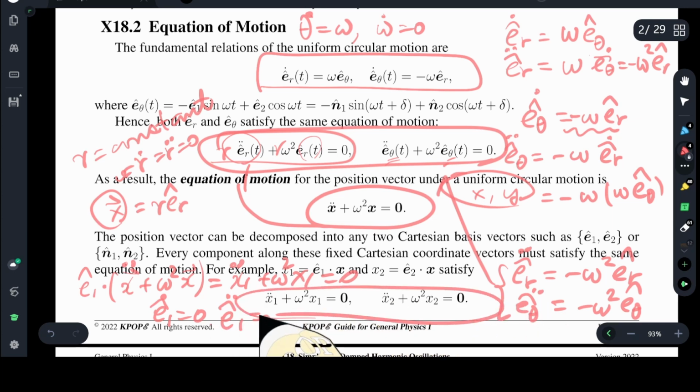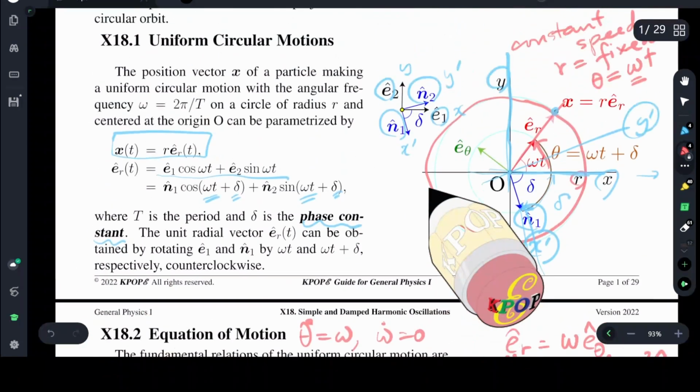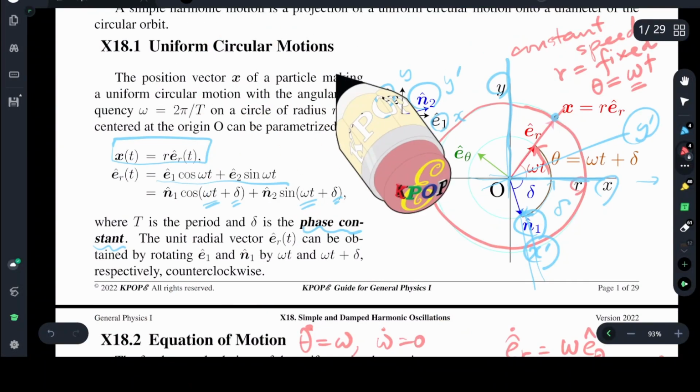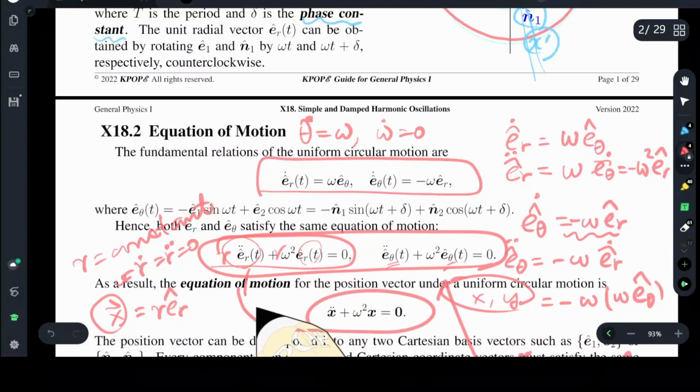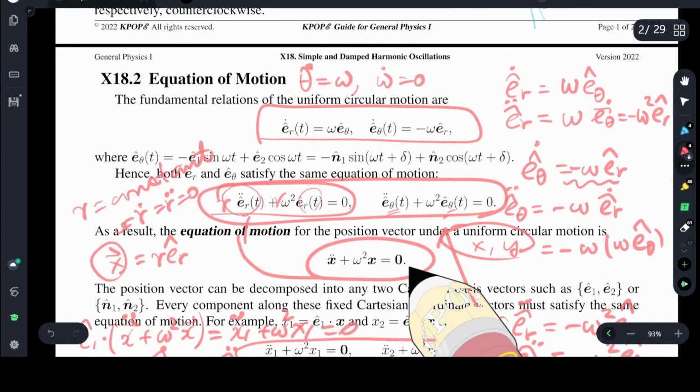So we have found that we began with the solution of the equation of motion for a uniform circular motion. From the solution, we have constructed the equation of motion for uniform circular motion.